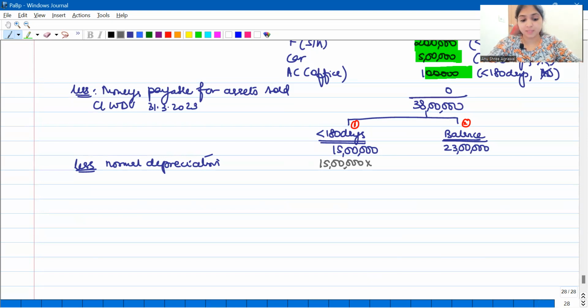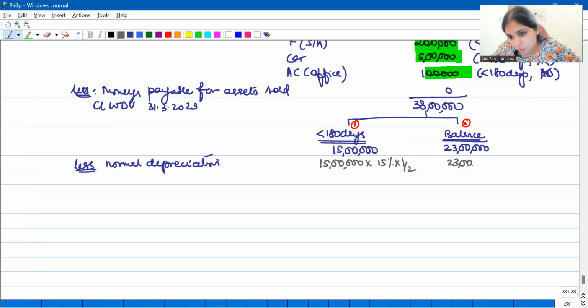No. I've told you, I hope you remember. If it's less than 180 days, depreciation rate will remain 15%. Only thing is I will calculate for half year. So don't write 7.5%, because if you write 7.5%, you are saying the depreciation rate is 7.5%. No, the depreciation rate is 15%, just that you're going to get half year's depreciation.